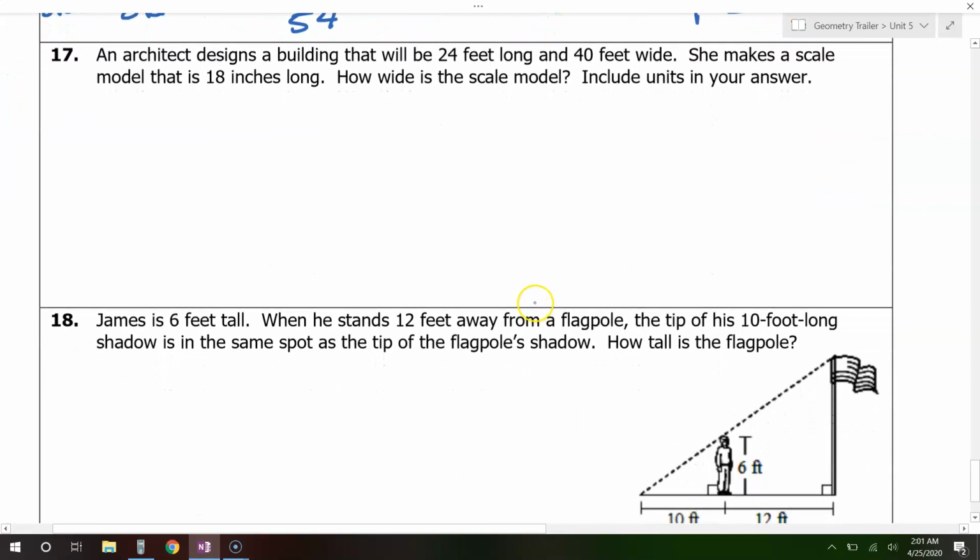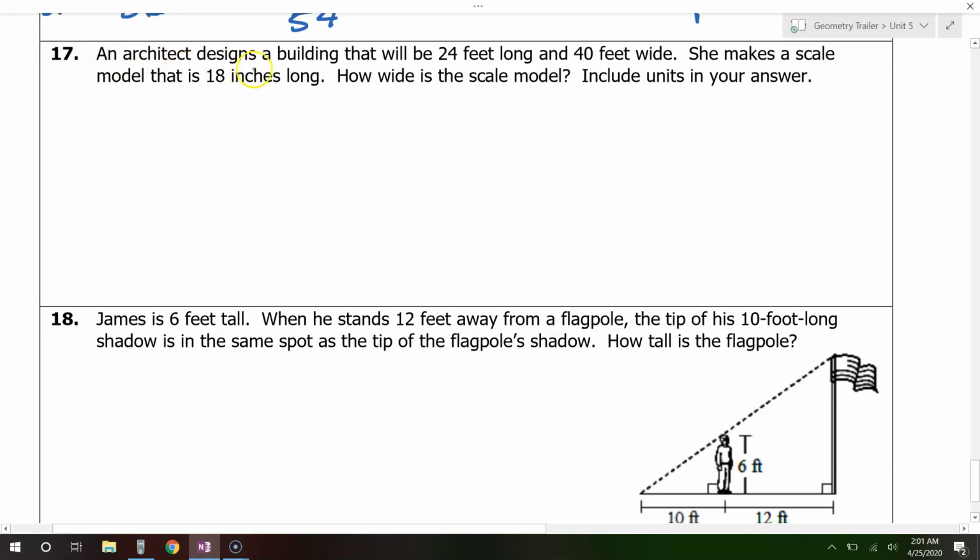All right, we're down to the last two problems. An architect designs a building that will be 24 feet long and 40 feet wide. Okay, so here's a schematic of the building. Let's say that this represents the actual building, and the building is 24 feet long.